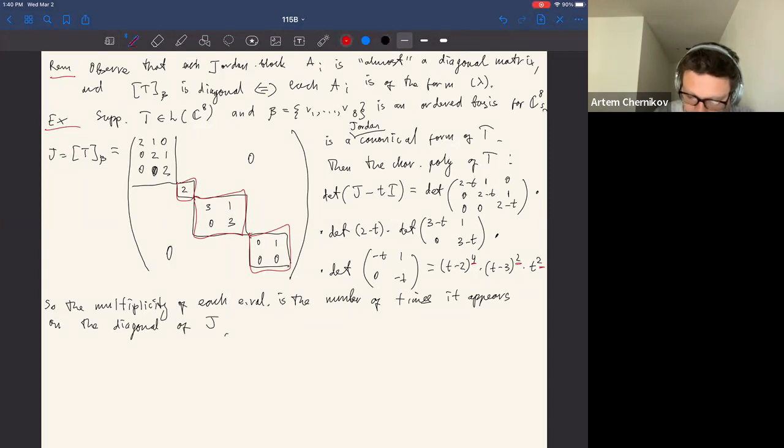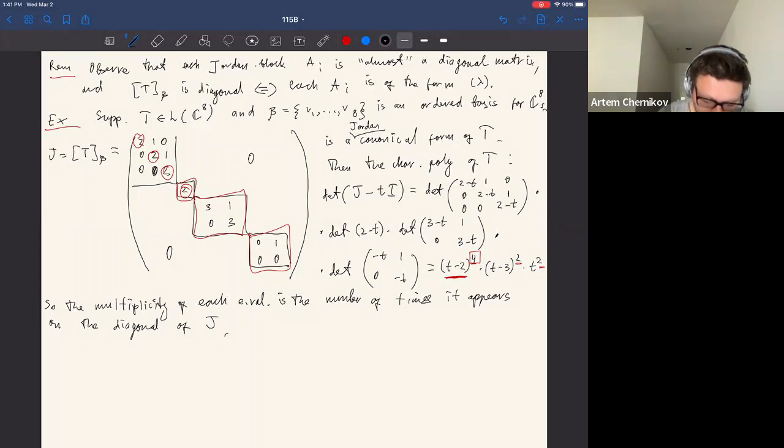Because, for example, the multiplicity of the eigenvalue 2 corresponding to the first polynomial: we have 2 appearing 4 times, and the power here is also 4. And the same applies to all the other eigenvalues. So in this example, we can notice this special property that the multiplicity of each eigenvalue corresponds to the number of times it appears on the diagonal in the canonical Jordan form.